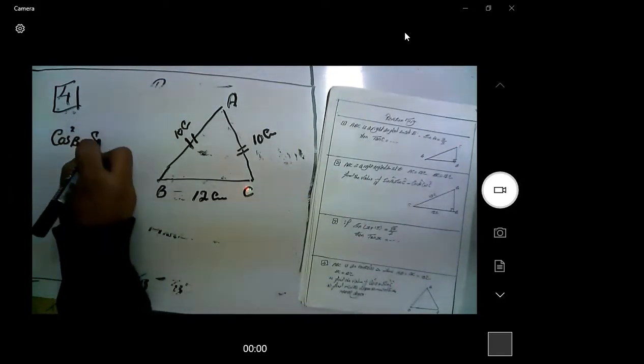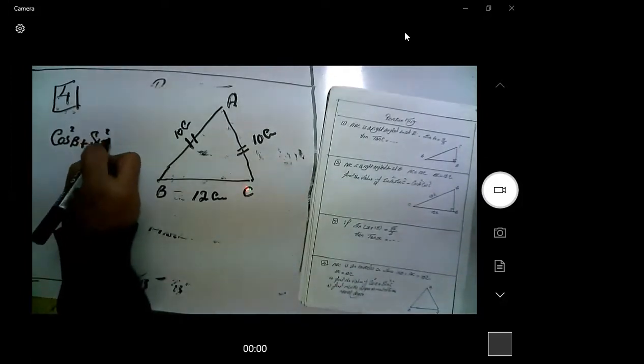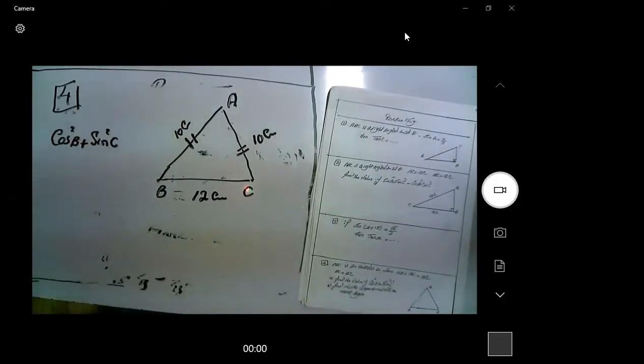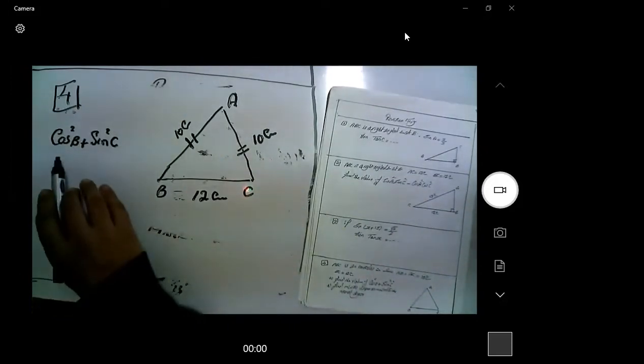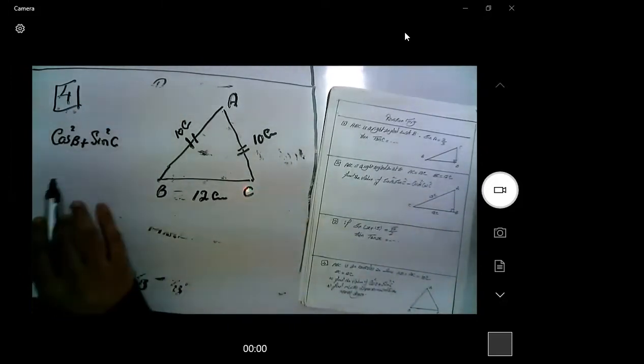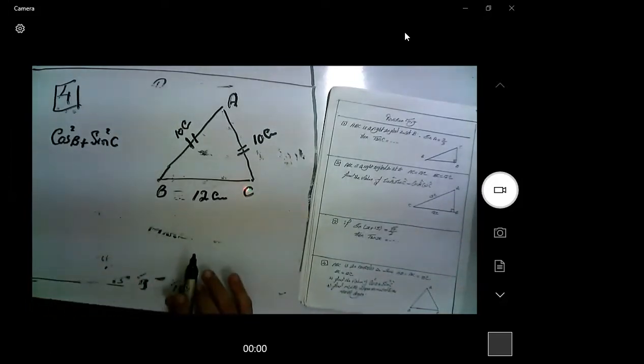The first question, find the value of cosine square B plus sine square C. You know that if you want to get the cosine ratio or sine ratio of an angle, you have to get it from a right-angled triangle.